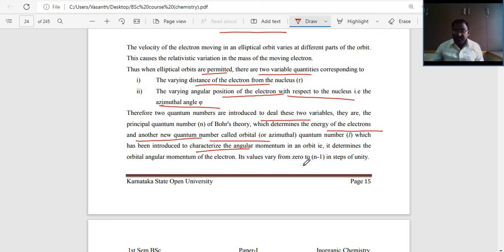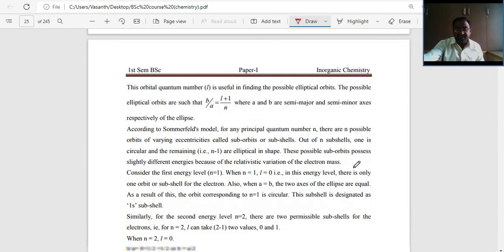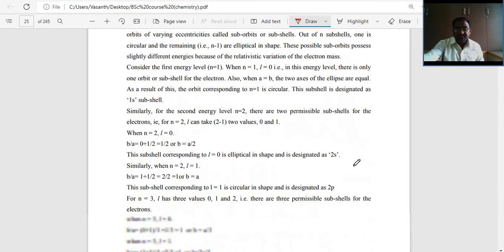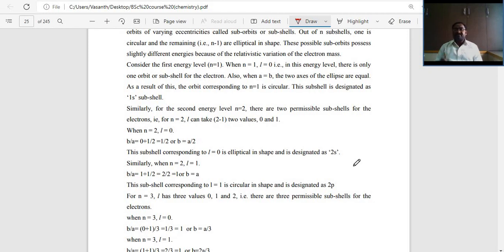Its value varies from 0 in steps of unity. These are all the sublevels, suborbitals.